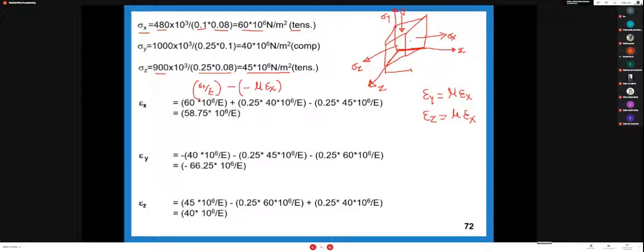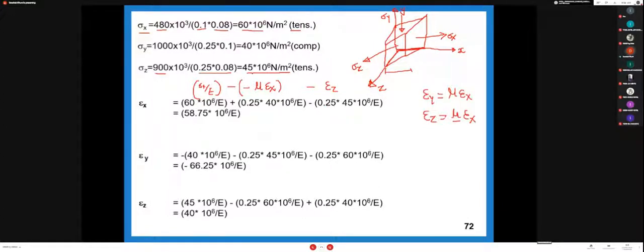Okay, so for the x direction, y and z become the lateral directions, so that's why here strain in the x direction minus strain in the y direction, because it's compressive, and minus strain in the z direction, so minus mu, which is 0.25, into strain in the z direction is this.